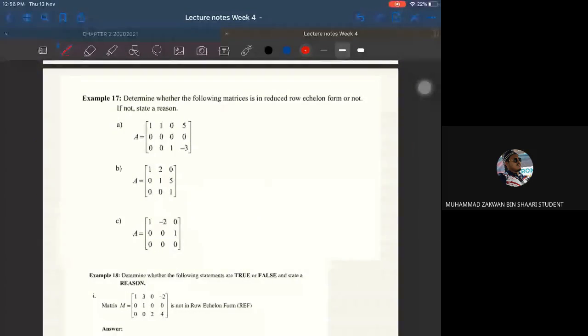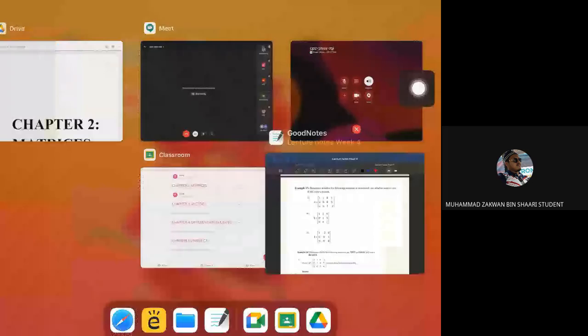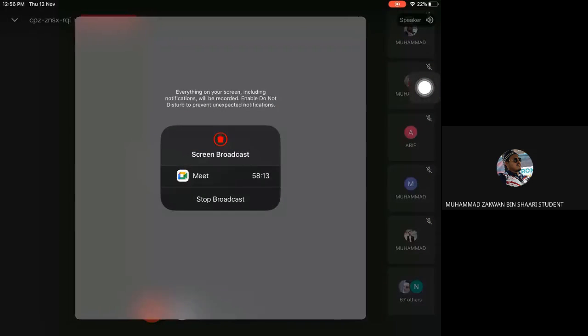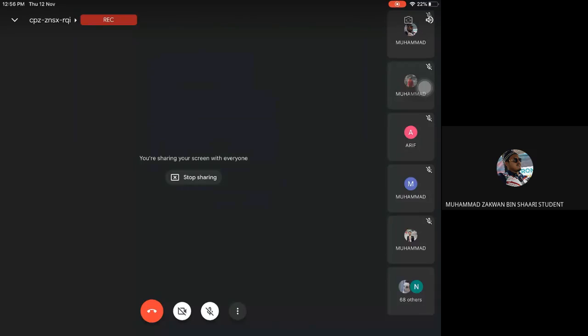Cuba buat. Saya nak minum air. Boleh buat ke?